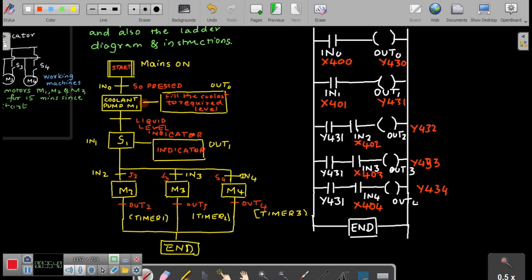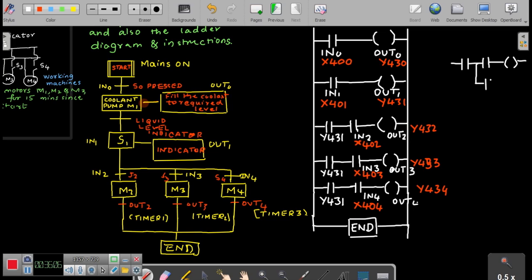So when Y431 is present and your other inputs are present, instead of that you can avoid the two more switches of Y431, something like this. This is Y431 and one more switch, something like this.